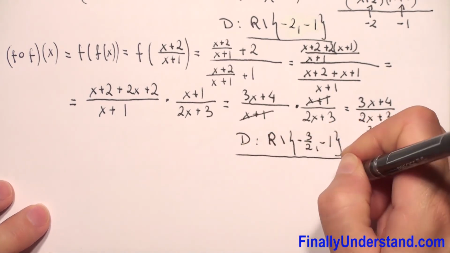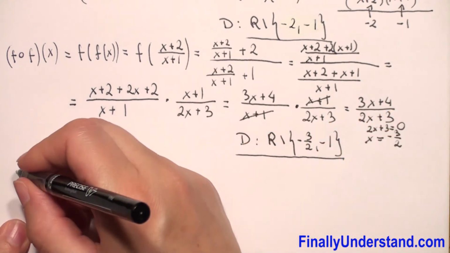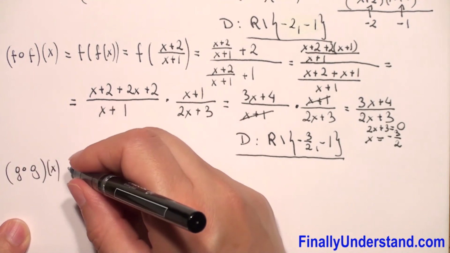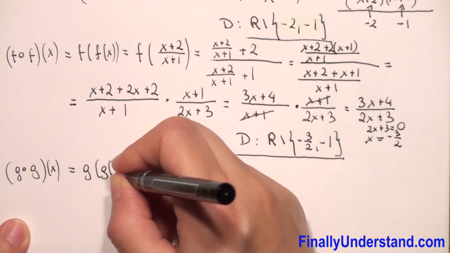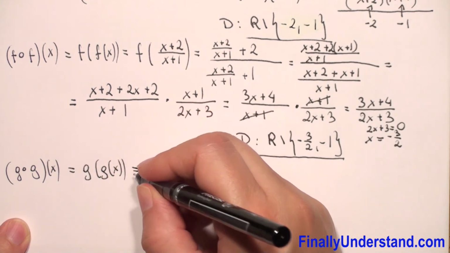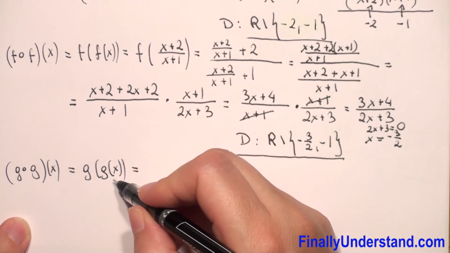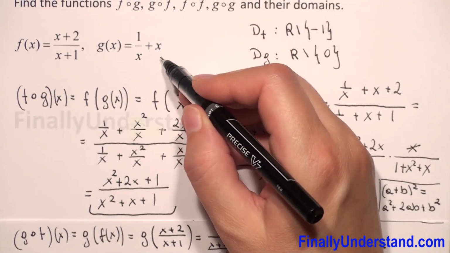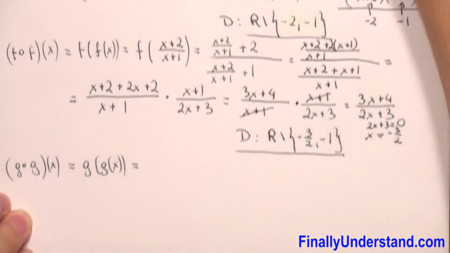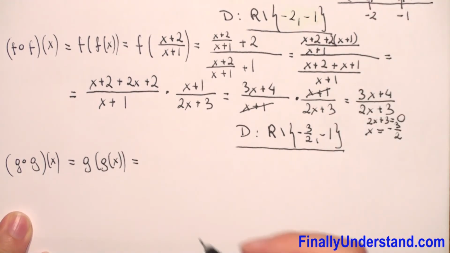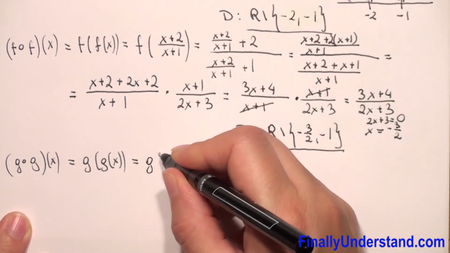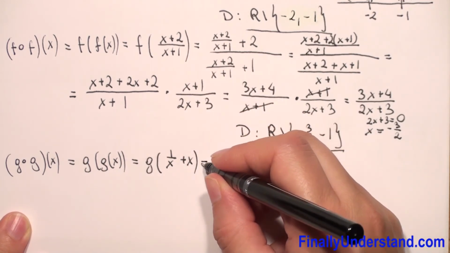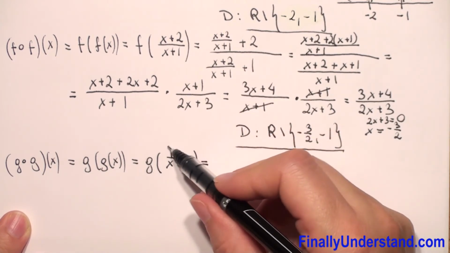Now we have to find the g of g composition. This is equal to g of g of x. So now we have to first replace g of x by the formula. g of x is 1 over x plus x. So we have g of 1 over x plus x. This is equal. And again, we have g of this whole expression.